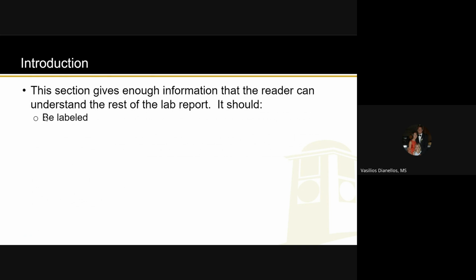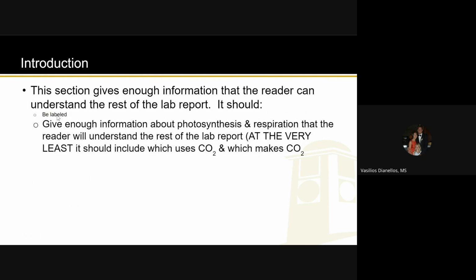Obviously, just like everything else, it has to be labeled. So you're going to have the word introduction. And then under that, you're going to write your actual introduction. Like I've already said previously, it should give enough information about photosynthesis and respiration that the reader will understand the rest of the lab. So at the very least, you should discuss how photosynthesis uses carbon dioxide, and you should discuss how respiration produces carbon dioxide, right?